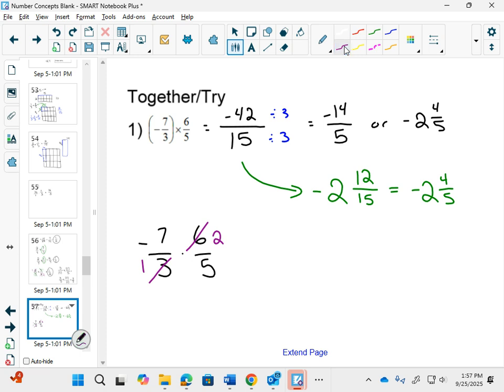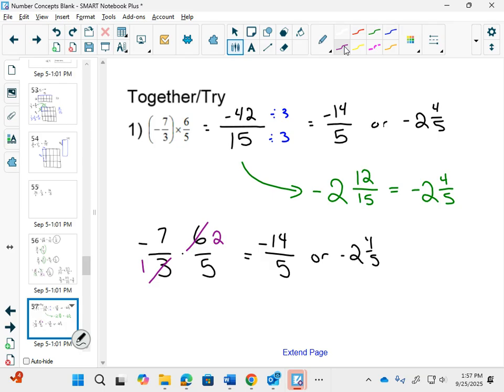Beautiful thing now. My numbers are smaller, so now it's just negative 7 times 2, negative 14. 1 times 5, 5. Look at that, we got our answer already reduced.